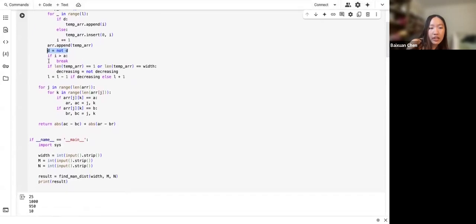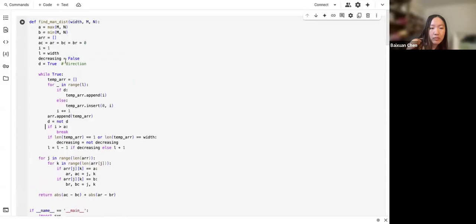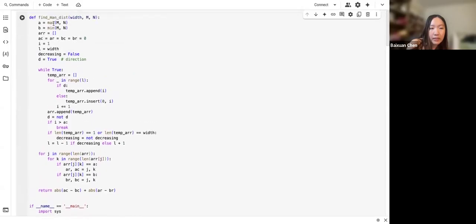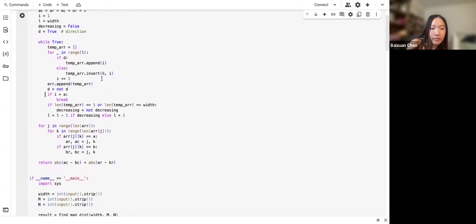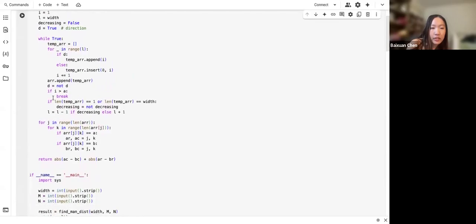And then we just check if I is bigger than A, then we break because we don't need to add any more indexes into the array. And A is the maximum between M and N. So then also we have to check something: if the length of the temporary array is equal to 1 or if it's equal to the width, that means we have to make decreasing or increasing the opposite.